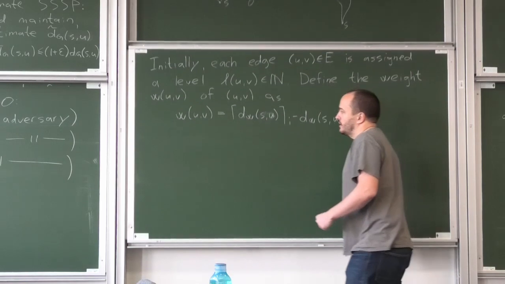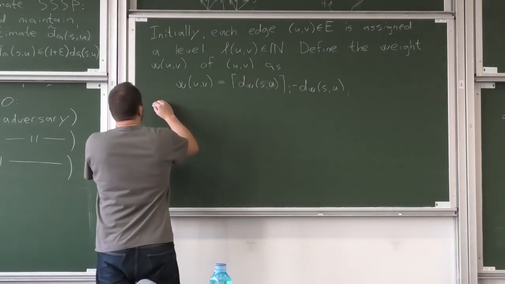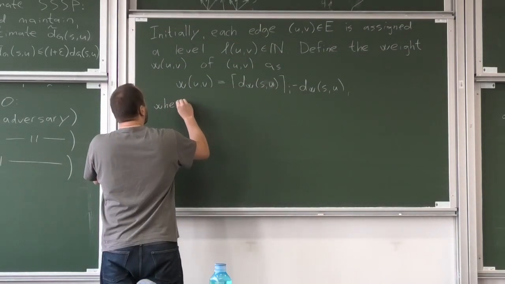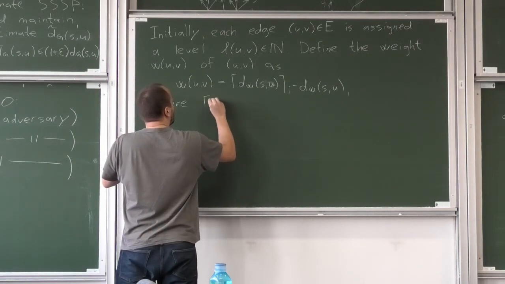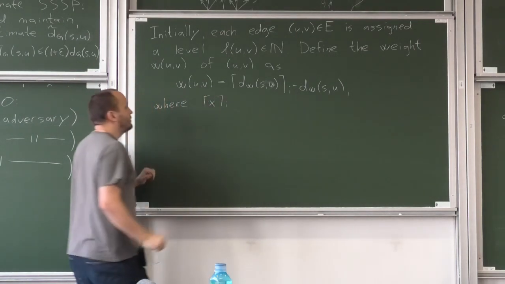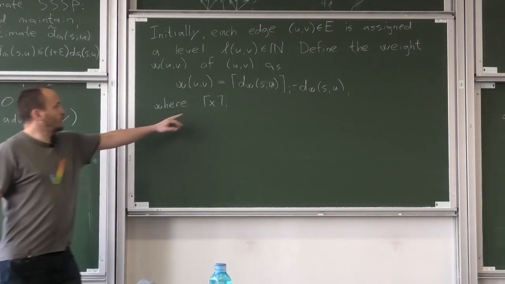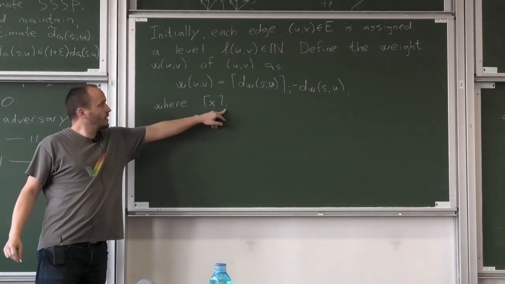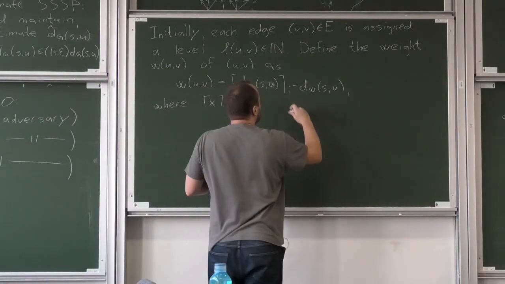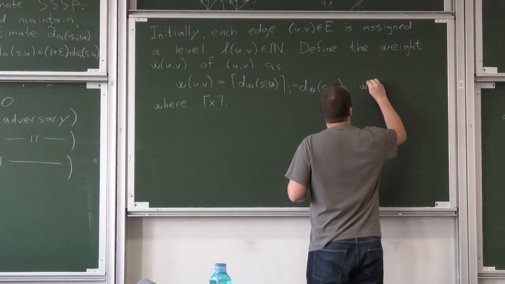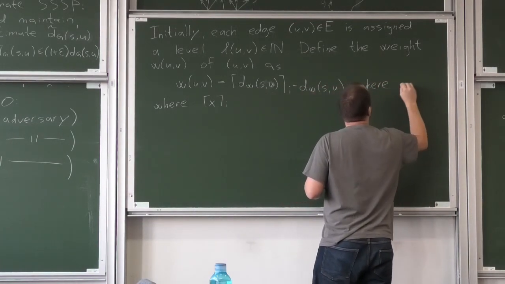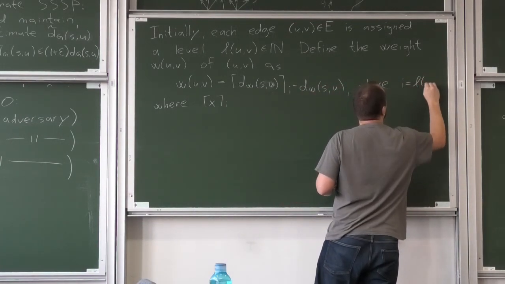Let me just define what I mean by this. So I'm writing this notation here, ceiling of x with subscript I, where I is the level of u comma v.